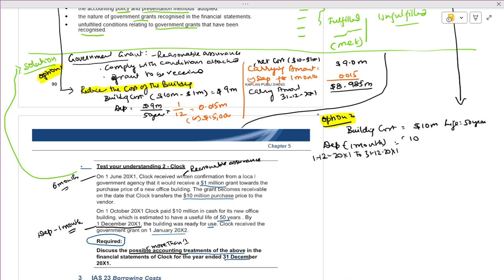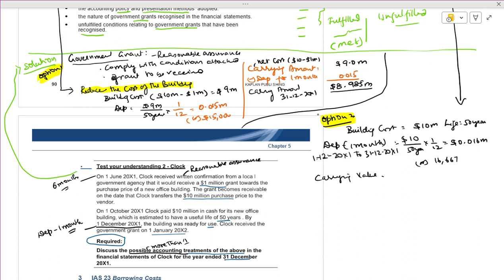10 million divided by 50 years times 1/12. It comes to 0.016, or 16,667. Okay, 16,667. What is the carrying value?